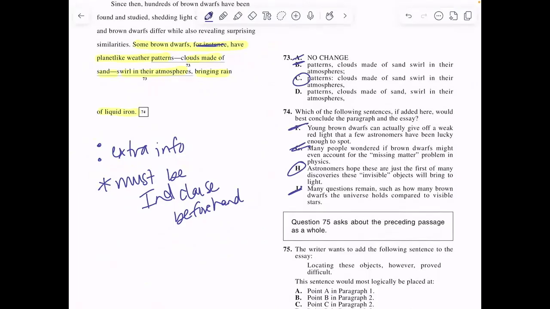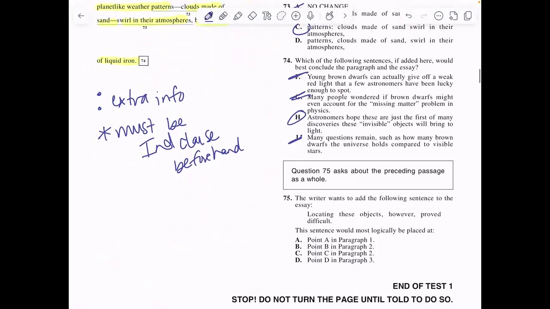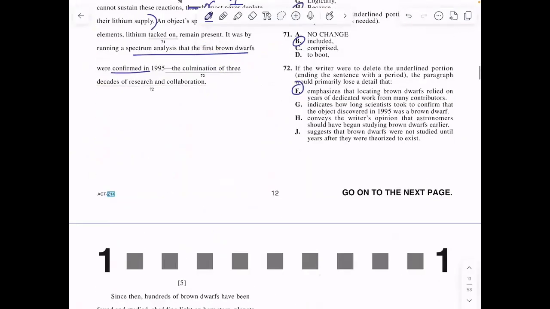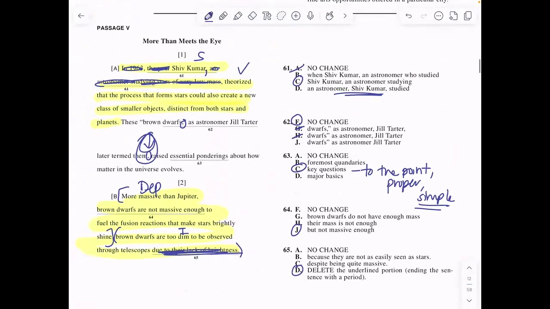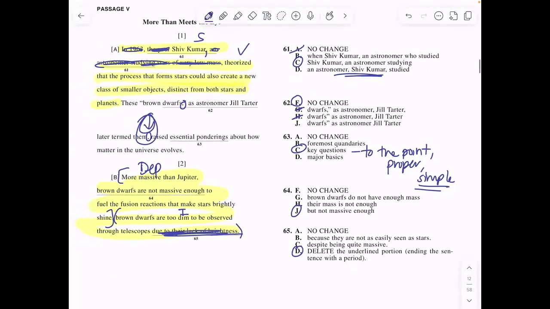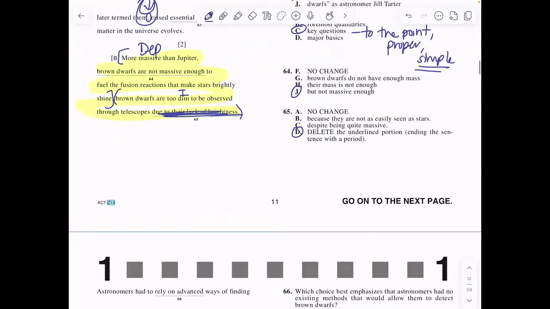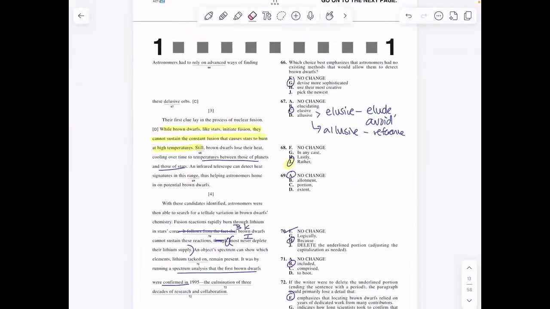Last question. The writer wants to add the following sentence to the essay: Locating these objects, however, proved difficult. Okay, that's our clue. Locating these objects. Which objects? We've got to go back and look. Point A, B, C, or D. Not A. That's at the very beginning. Not B. Oh, I missed C. Hold on. I want to say C, maybe? No, B. Hold on.